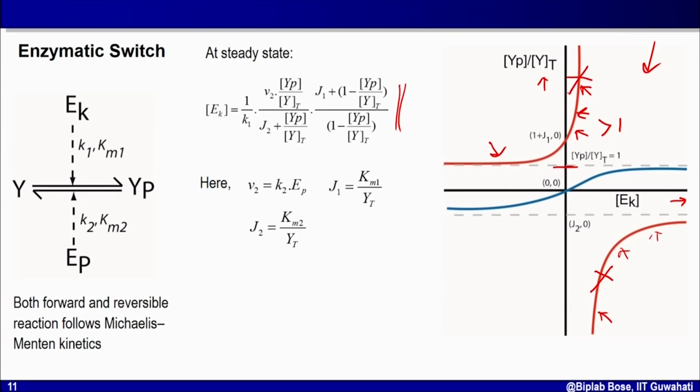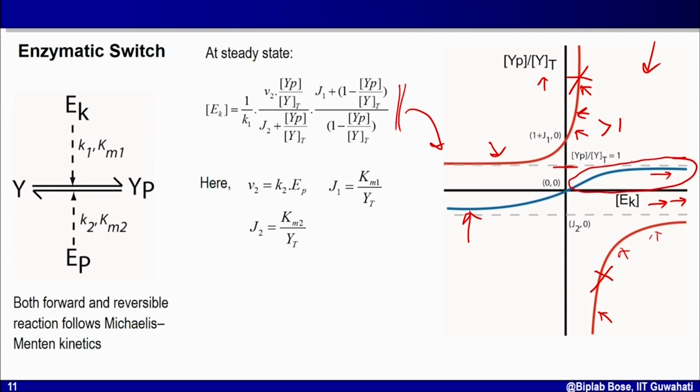What am I left with? I am left with this blue line, which is also coming from this relationship. And if you look into this positive domain, Ek is increasing in this direction. Yp by Yt is also increasing, but it saturates, moves like an S and saturates at Yp by Yt equal to 1. And that is true, Yp by Yt should never be greater than 1. So this is the region of my interest.